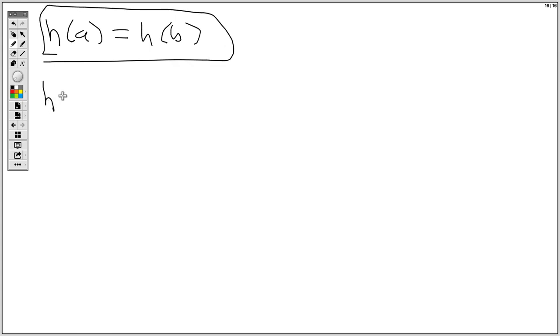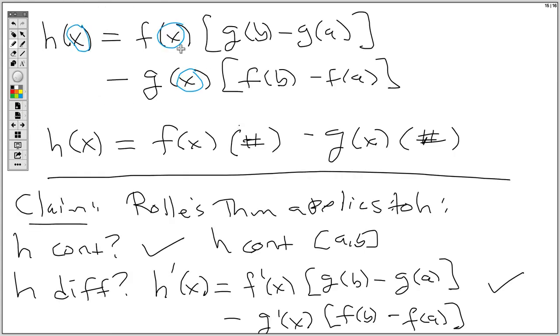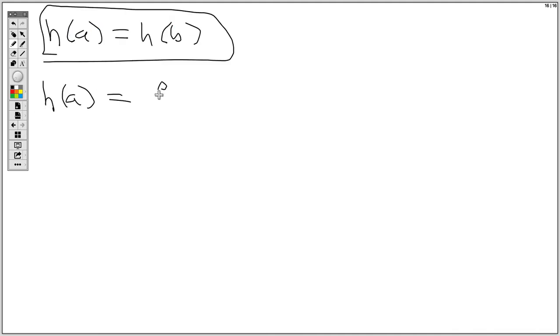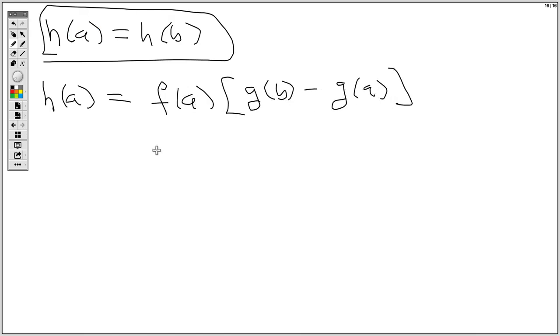So I've got to plug in x equals a. Once again, x is only in these two spots. So this is going to be f of a times g of b minus g of a, minus g of a times f of b minus f of a.